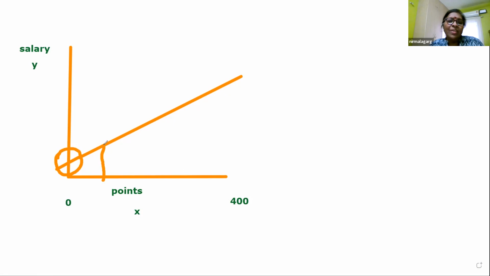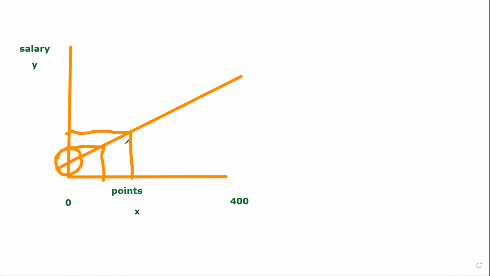Then there'll be a corresponding salary. If I take another job of some point value, it will also have some salary value. I'm very bad at drawing. Again, I'm taking another job at some point value, and it will have a salary too.